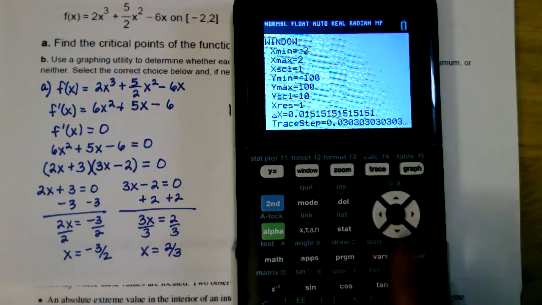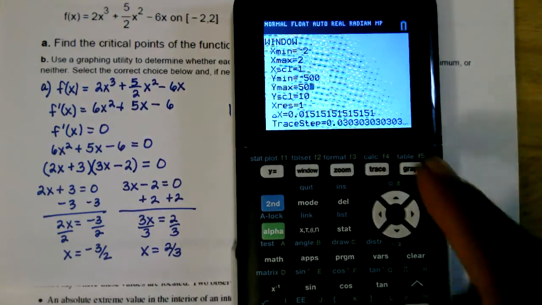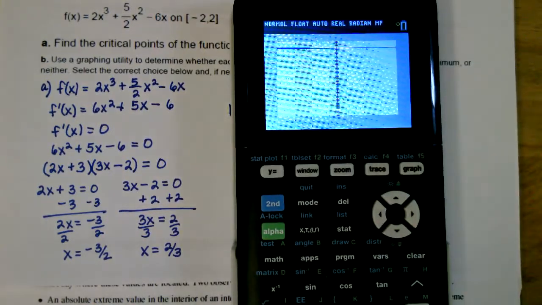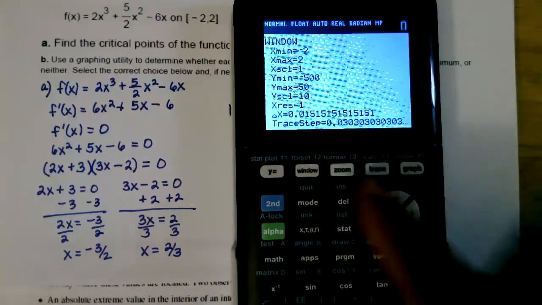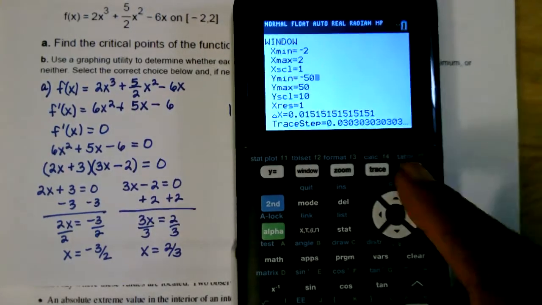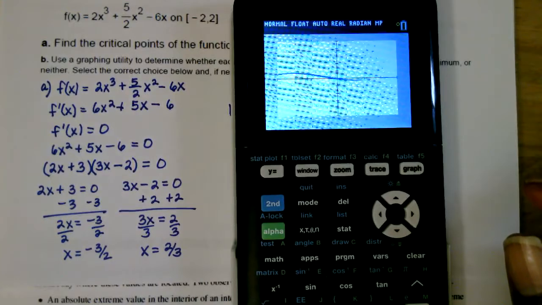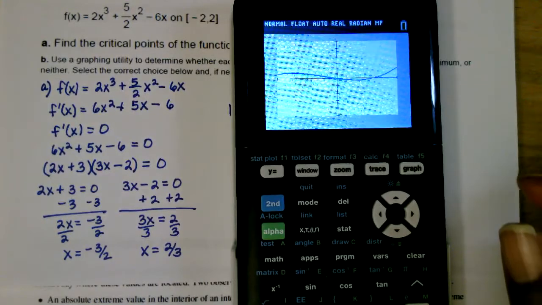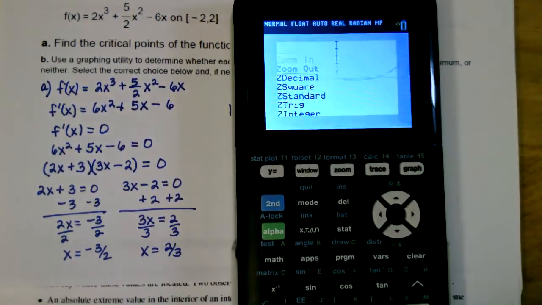Sometimes you gotta play around with your graphs here. So if I do -50 to 50 in increments of 10, okay, I might need to just zoom in a bit.